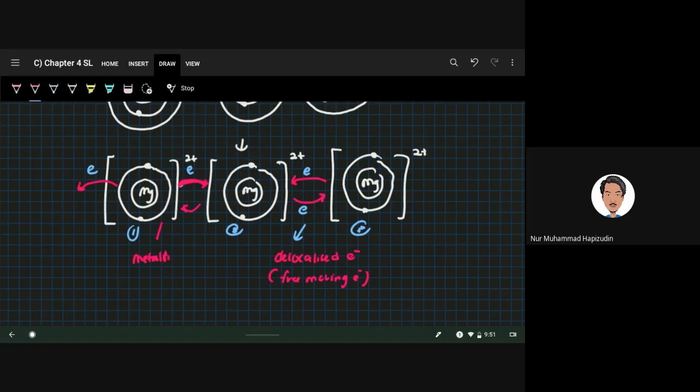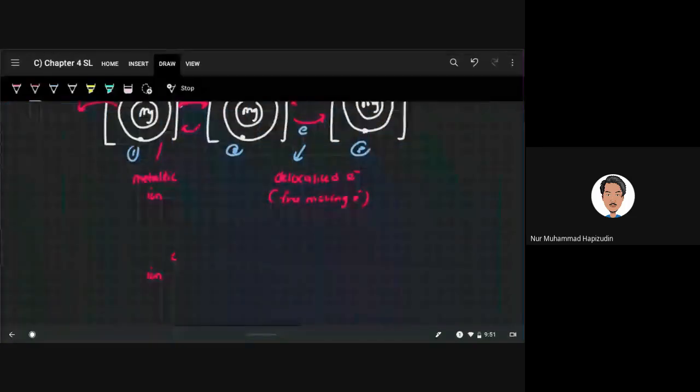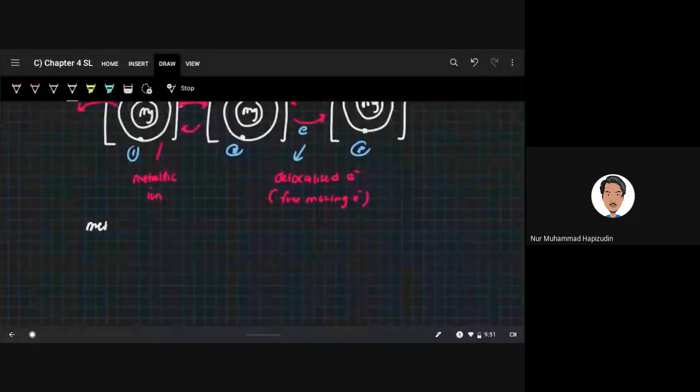Metallic ion. So what is metallic bond? Metallic bond, okay, ni definition. So what is metallic bond?